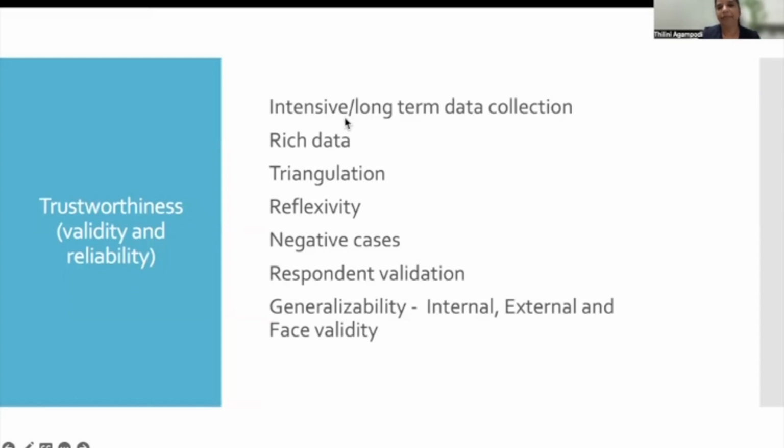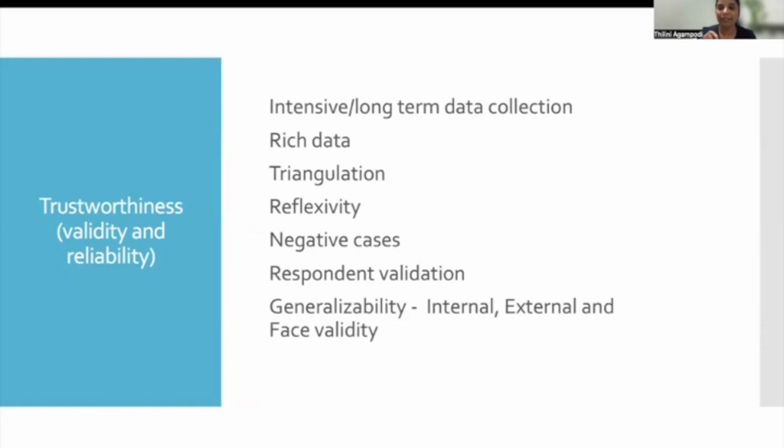So basically, if you collect data for a longer time and collect intense data, that means you have a lot of data. That means you represent a large area, and that is rich and strong, right? If your data is rich, how does the data become rich in qualitative methods? As I told you, if the interviewer is trained, right?